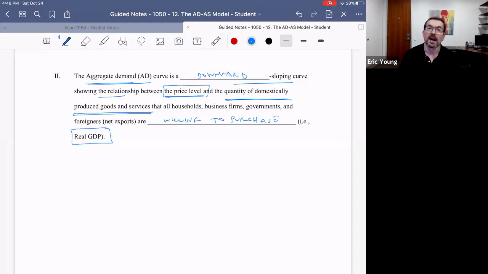And let's remember, as always, that our real GDP formula, which we abbreviate as Y, and which we now know is the same as AD, was C plus I plus G plus X minus M. C being consumption, household purchases, I being investment, business purchases, G standing for government purchases, and at the end here, our X minus M being net exports.